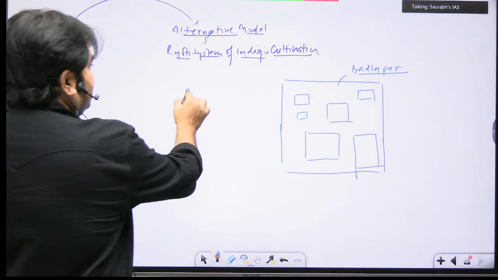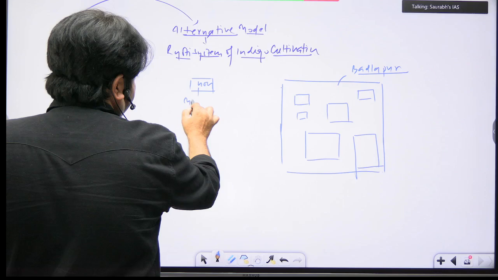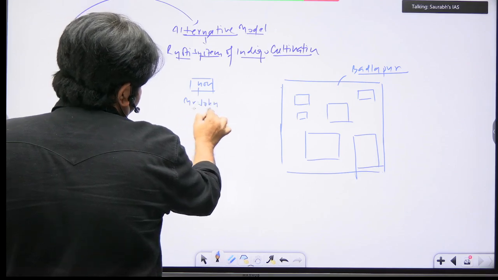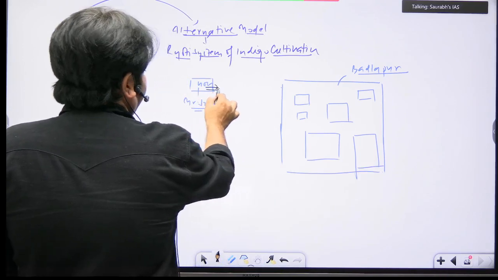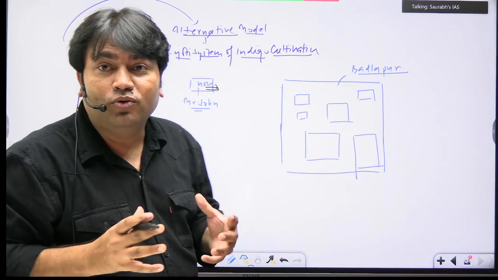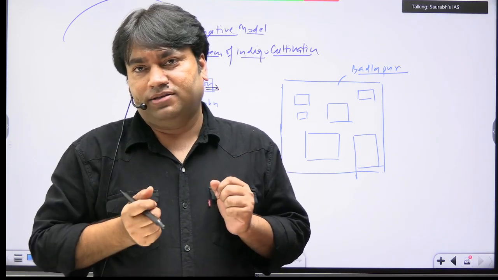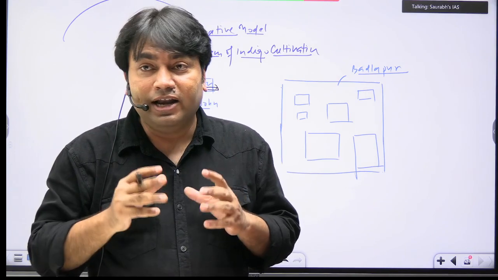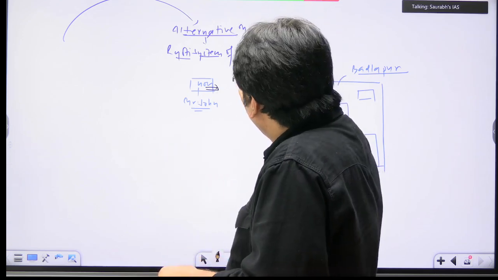Now this is the house of Mr. John. Mr. John is a British capitalist. He has a lot of money. So first he will recruit an Indian middleman. सबसे पहले किसको recruit करेगा? An Indian middleman को. So first he will recruit a representative.